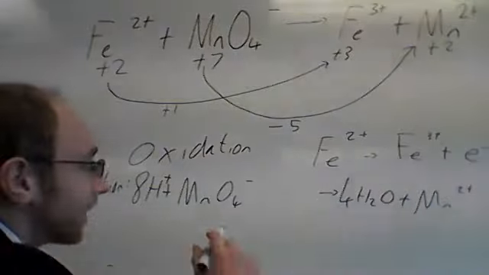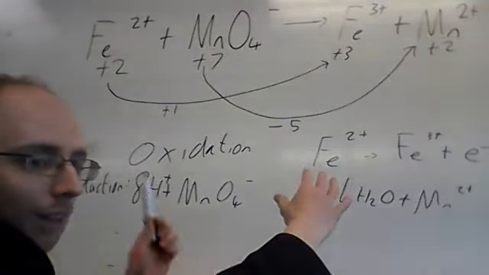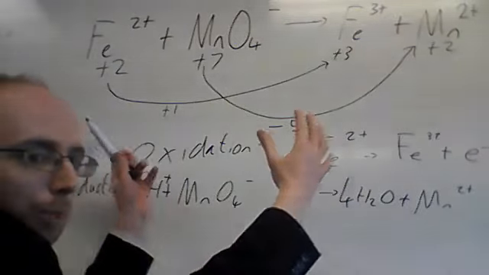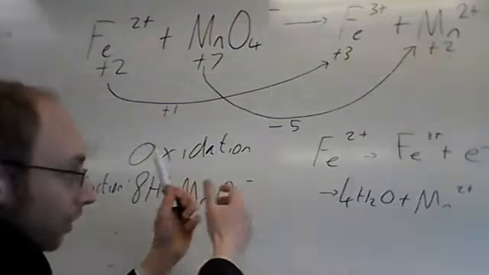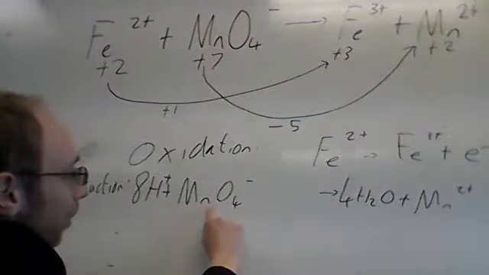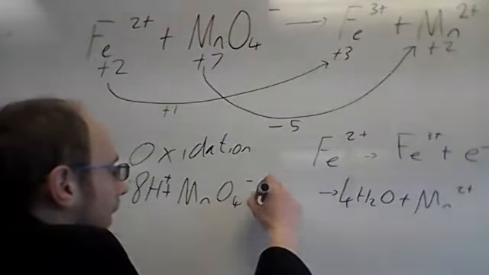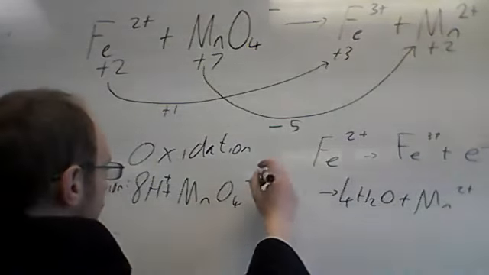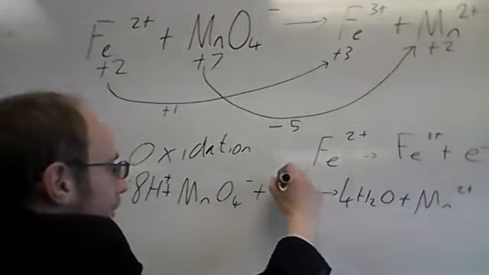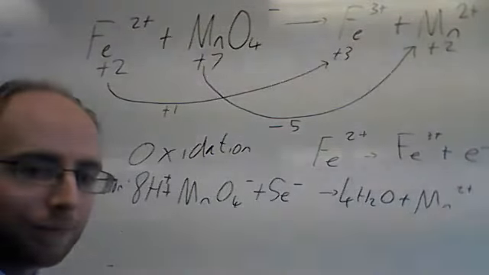So, if it's gained them, we've gone from having some electrons in one place and an atom in the other to putting the two things together so that the product has got those two things combined. So that means the electrons go on the left hand side of this equation. Plus 5 electrons. Okay? 2 half equations.